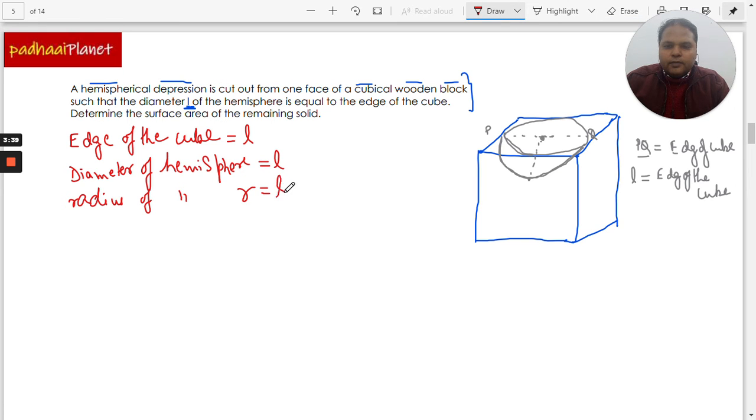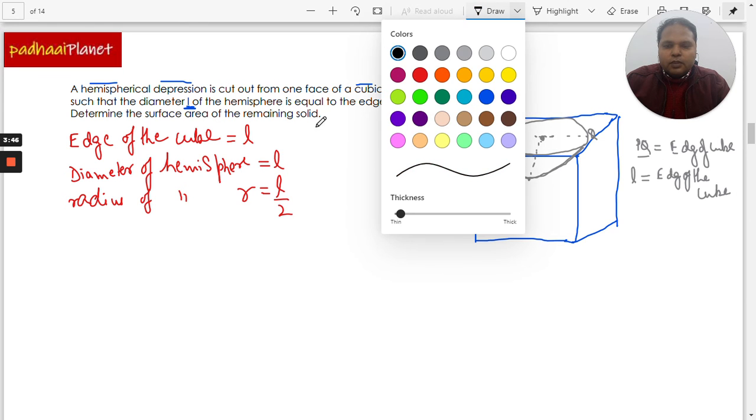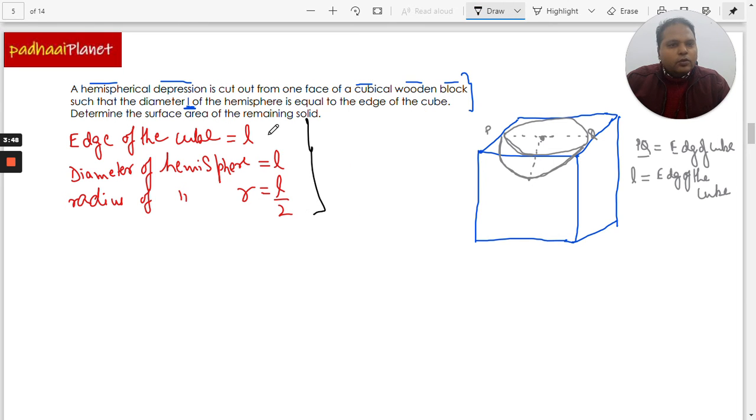So we have got all these three measurements, which are very important for us to solve the question. Now the question says to determine the surface area of the remaining solid.